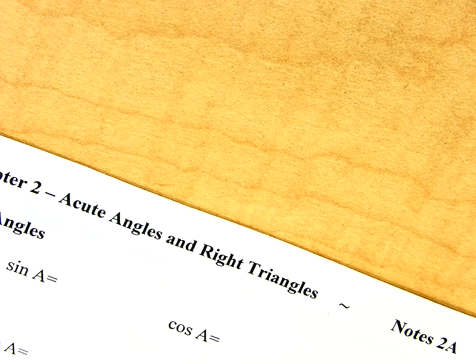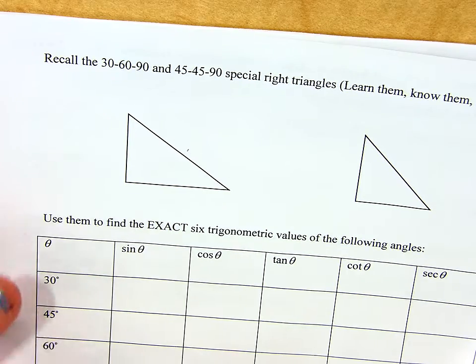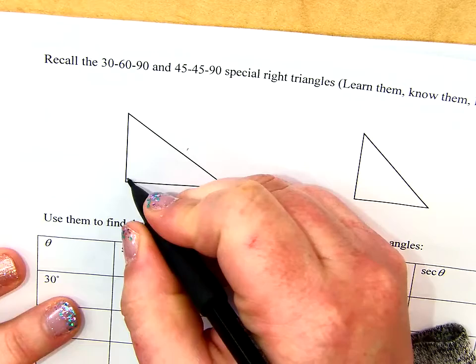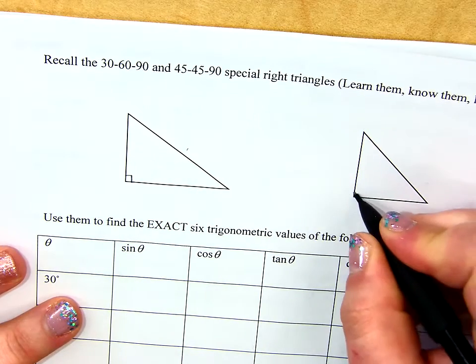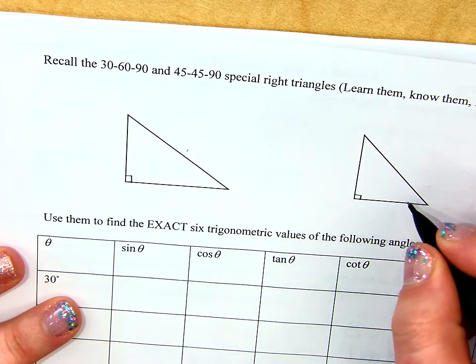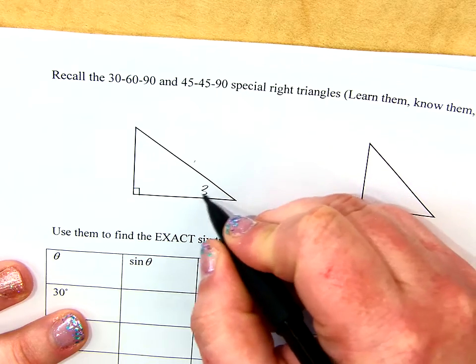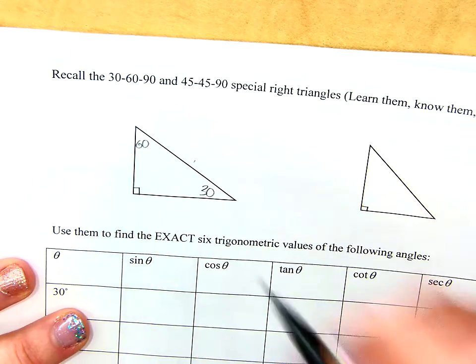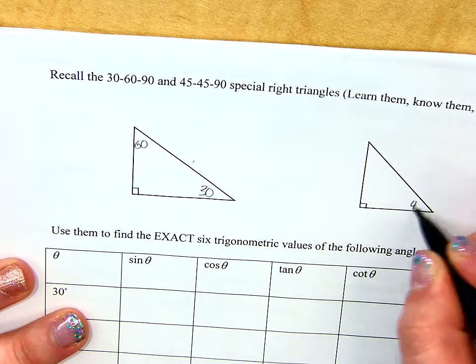Yeah, and then on the back, all we have to do is, let's just fill in our special right triangles. I know we already know them, but actually this would be a good time for you to see if you have them down from memory. So the first one, this should be the 30, this should be the 60, and these are obviously 45s over here.